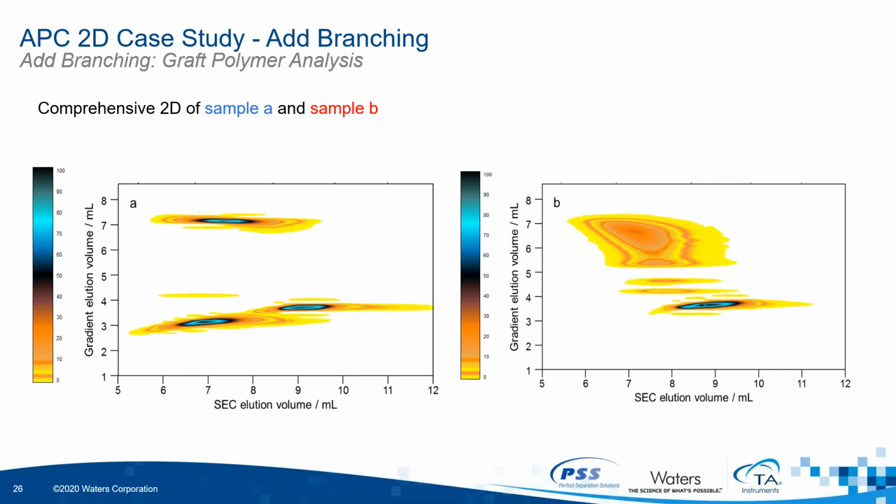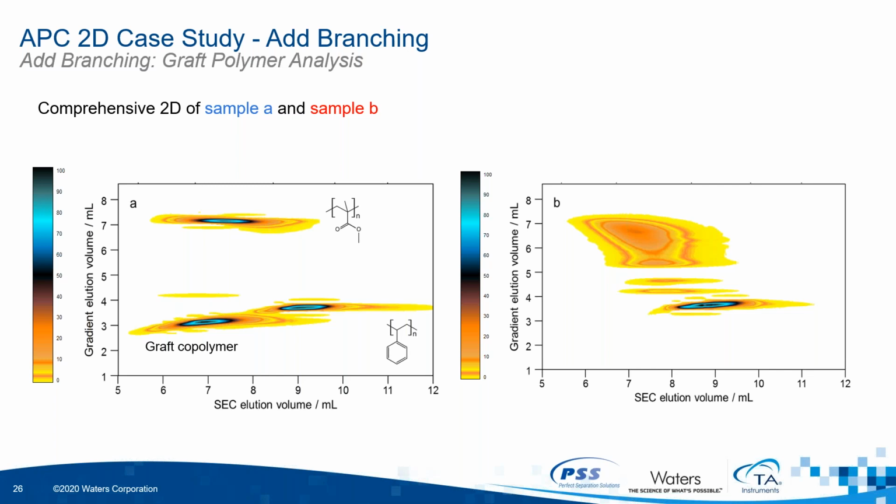For sample A, you can see the three main peaks that you saw on the previous slide, but there are also some thin yellow lines that might be difficult to make out. These small fractions co-eluted in the one-dimensional run.